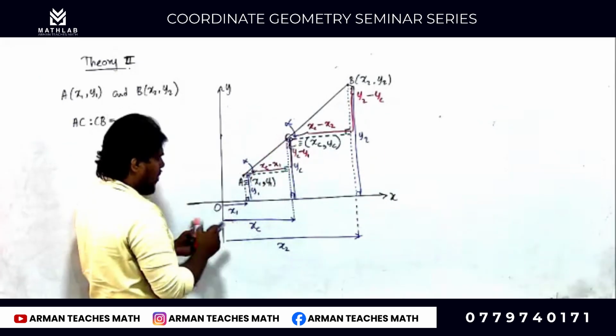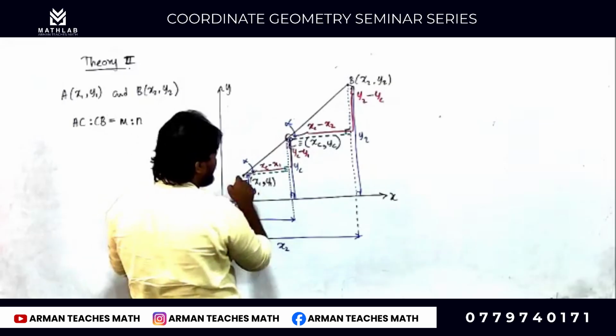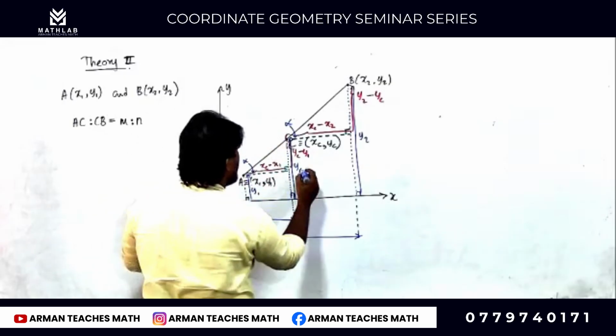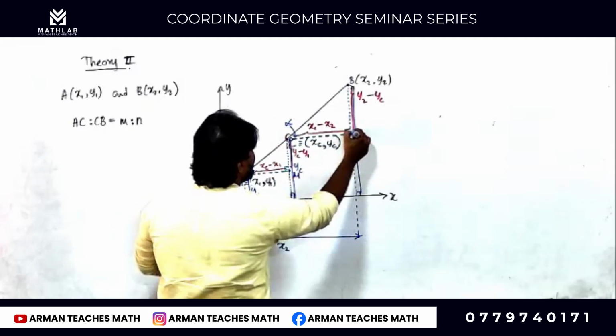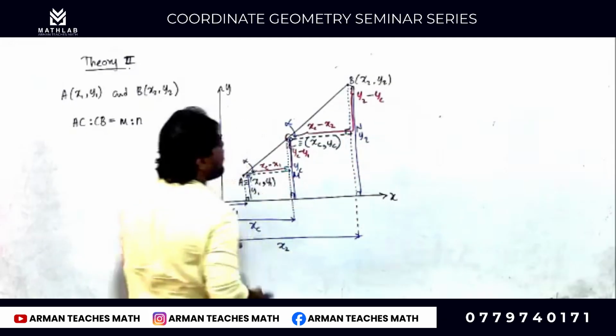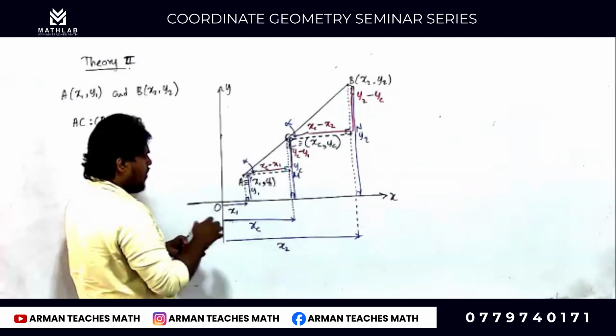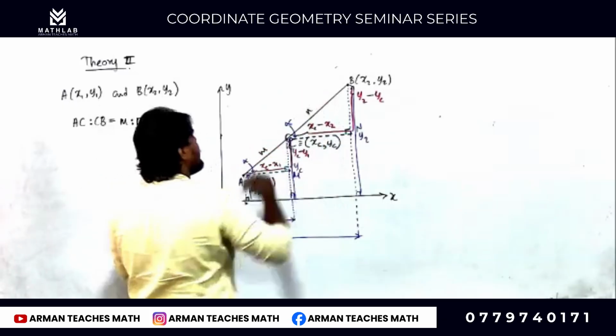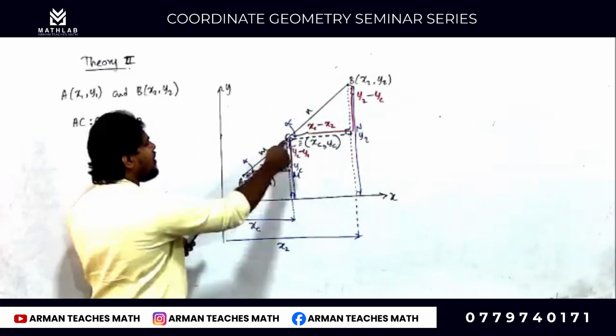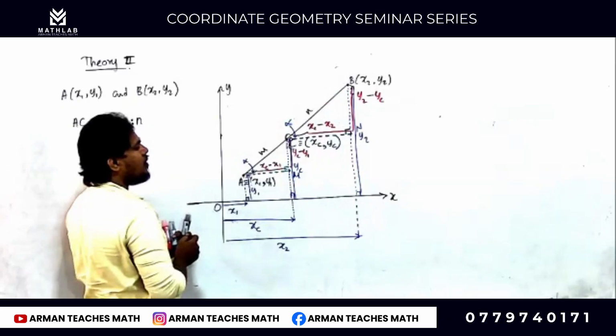So what can you tell about these triangles? I'll take this as AC, this point as M, and this point as N. At point C, the segment is divided in the ratio M is to N.